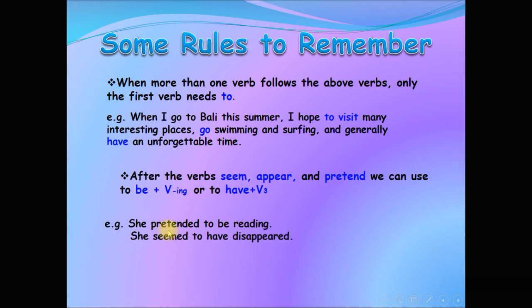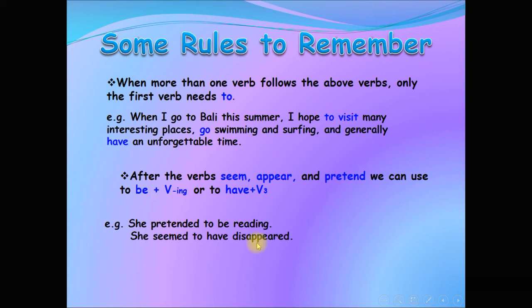It means that this one is progressive and this one is past participle. In Indonesian, we say it as "dia pura-pura sedang membaca". So, she pretended to be reading. And she seemed to have disappeared: "dia sepertinya sudah menghilang". So "to have disappeared", the meaning is perfect.